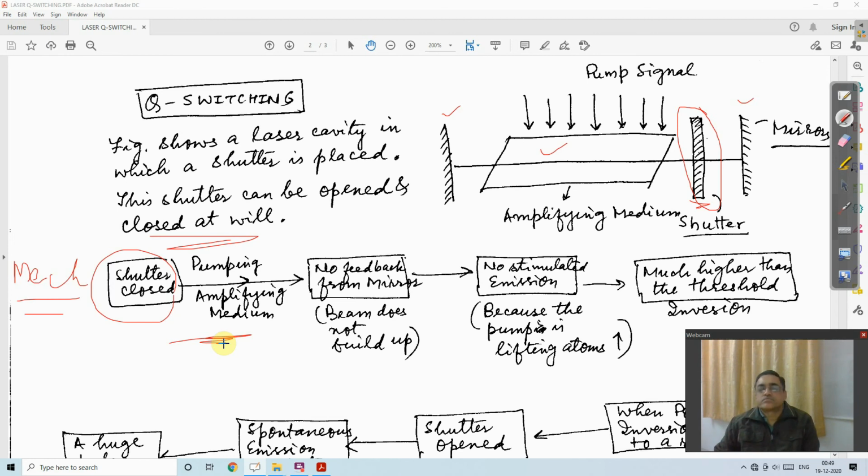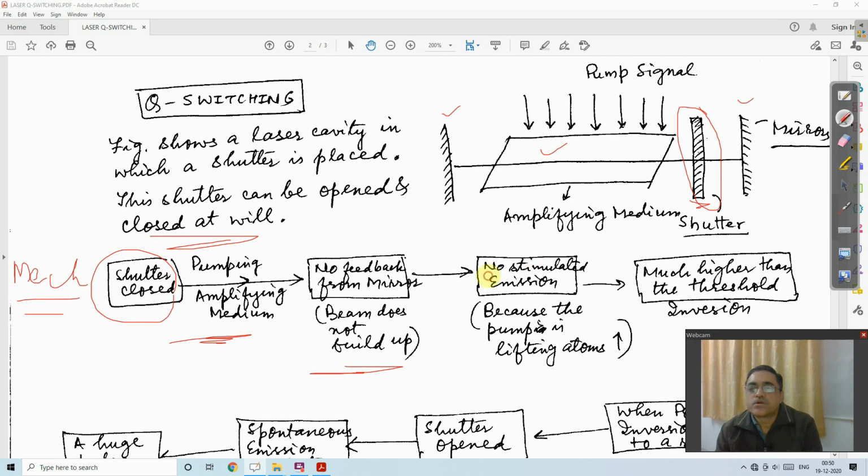But when the shutter is closed, we get no feedback from the mirror, because the beam does not build up, so there are losses.